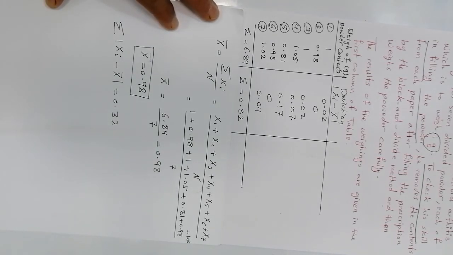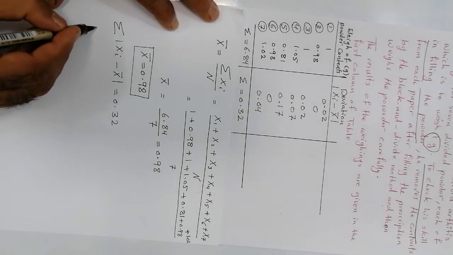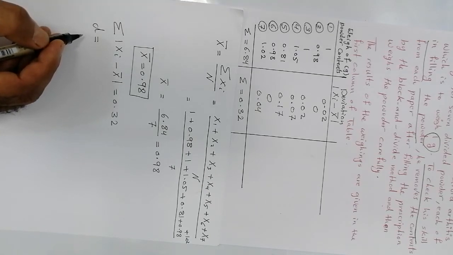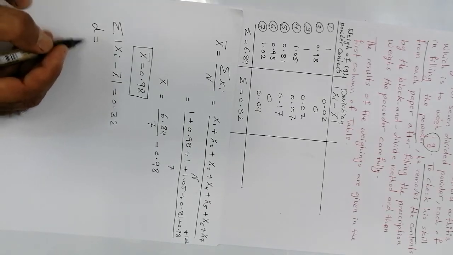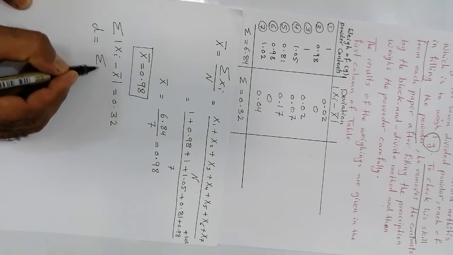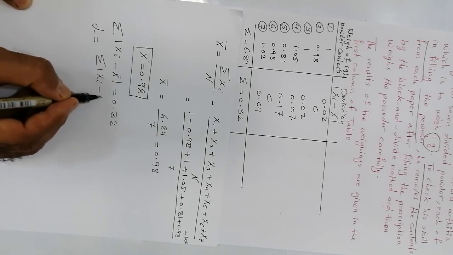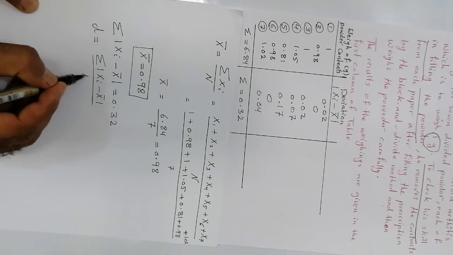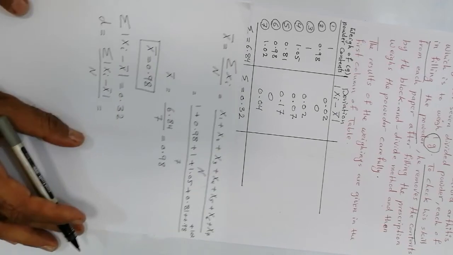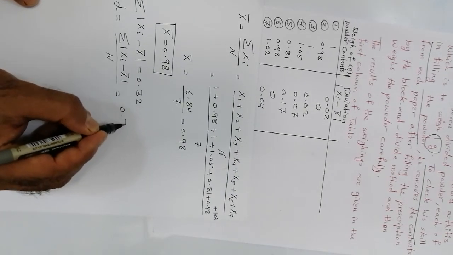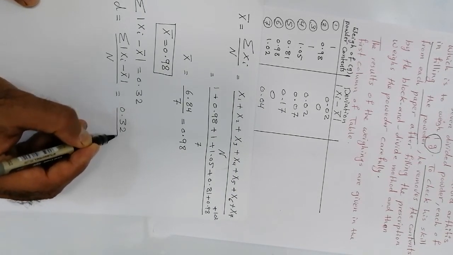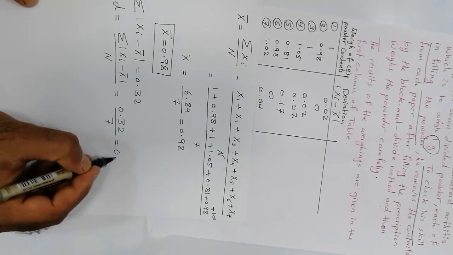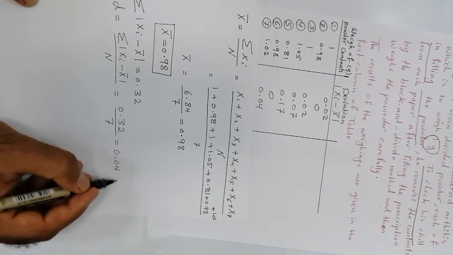Okay, and D, which represents the mean deviation, equals the summation of xi minus x mean over n, which is 0.32 over n equal to 7, and equals 0.046.